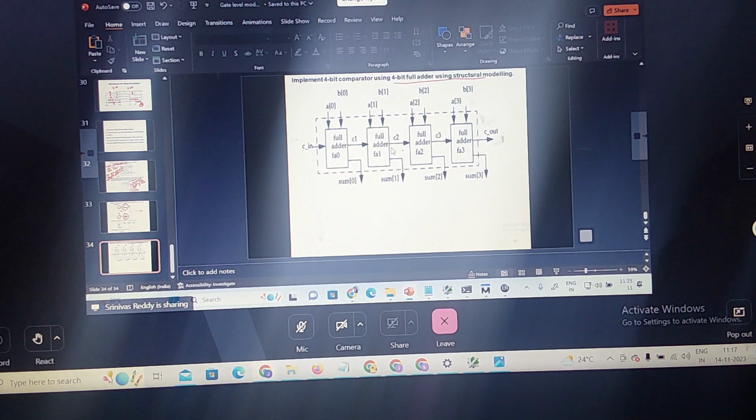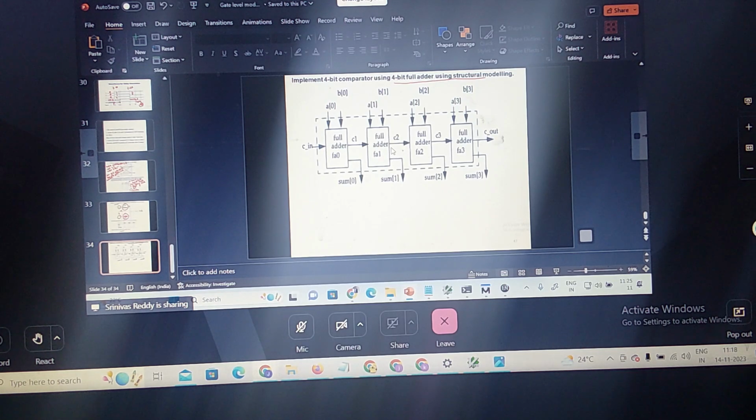Use this 4-bit parallel adder to design the comparator. How to build a comparator using a 4-bit parallel adder? Comparator means comparing the bits. 4-bit means the magnitude is 4 bits. So what are the outputs of the comparator? A is greater than B, A is equal to B, or A is less than B. How to write the logic for this using gate level?